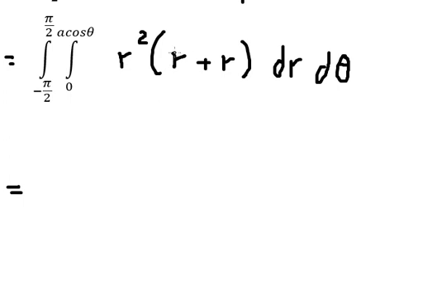r with r we have 2r, so we have 2r to the power of 3, because r squared with r we have r to the power of 3.